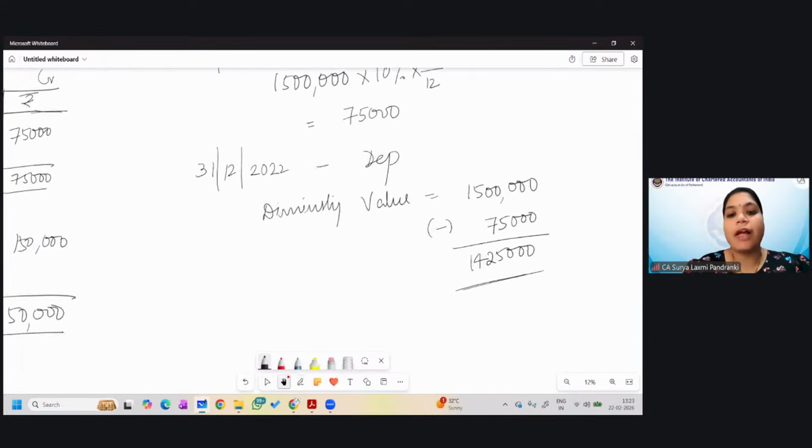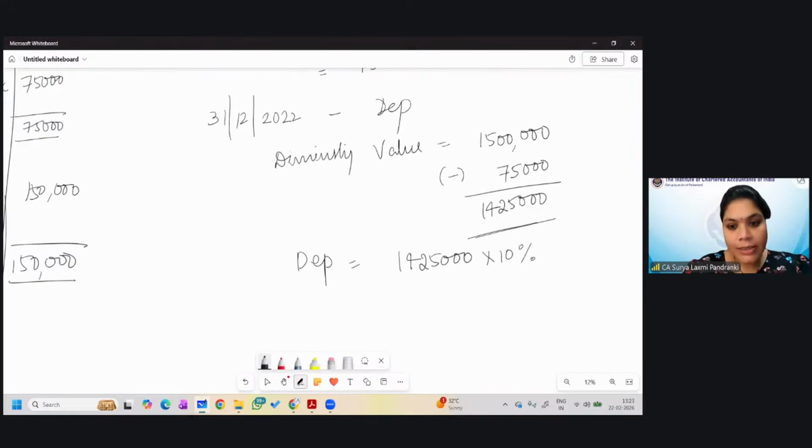Correct? This is the diminishing value. Now depreciation will be 14 lakh 25,000 into 10%. Agreed everyone? So what will the depreciation be? 1,42,500. The difference in depreciation is only in the second year, third year, and so on.